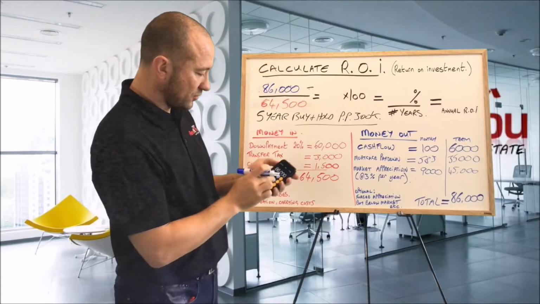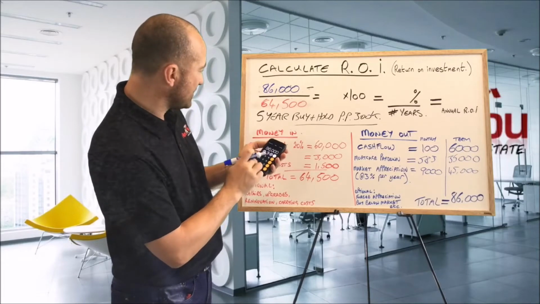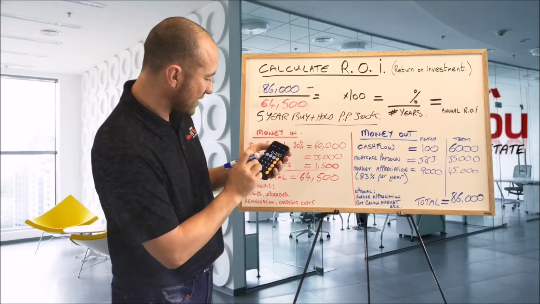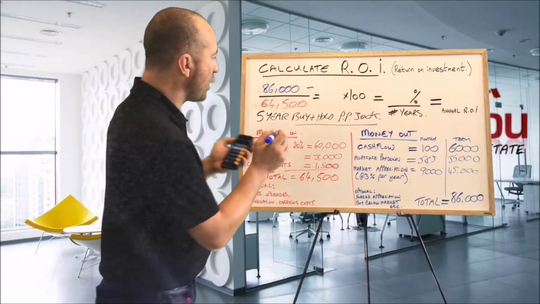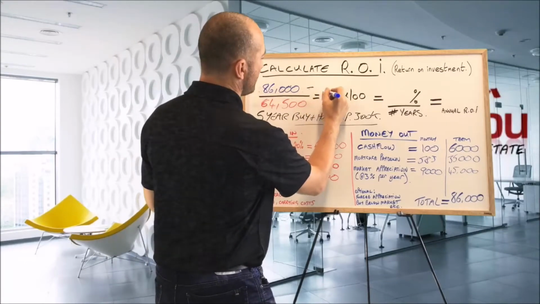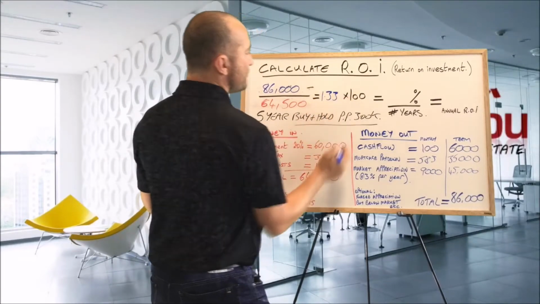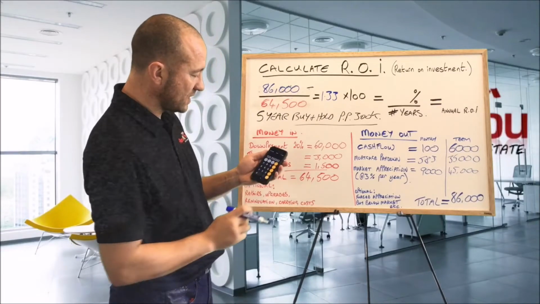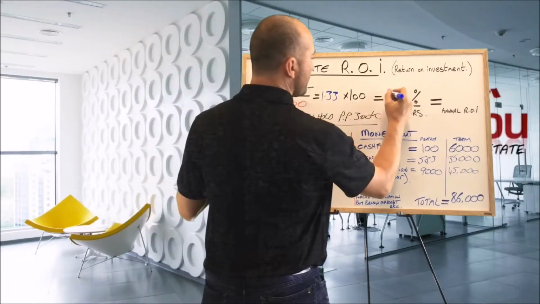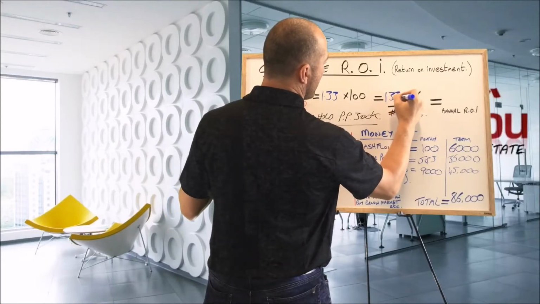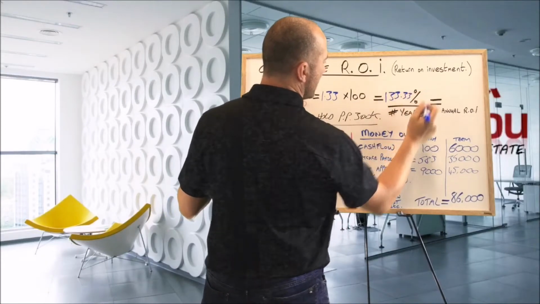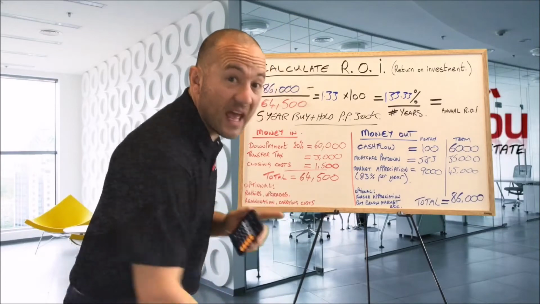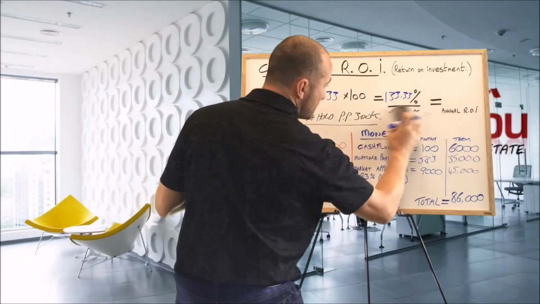So now, through the calculator, 86,000 divided by 64,500 equals 1.33. Now we multiply that by 100 to give us a percentage. 133.33. Now we divide this by the number of years to get the annualized return that we discussed.